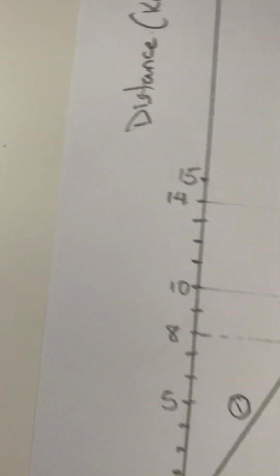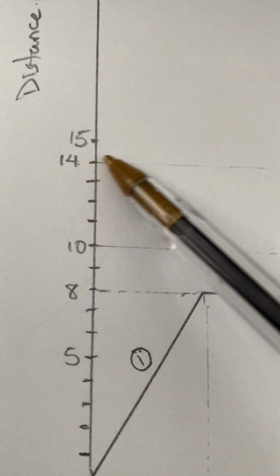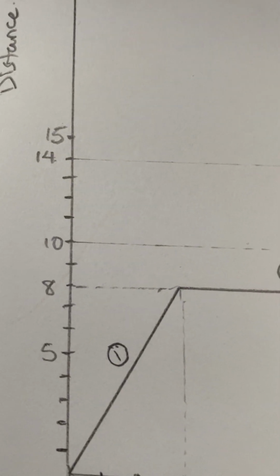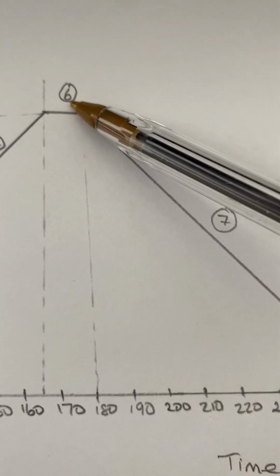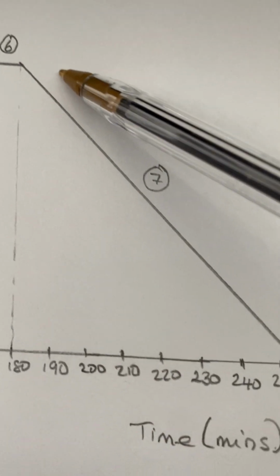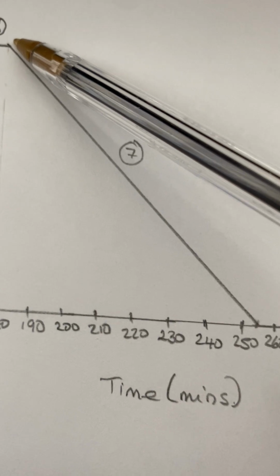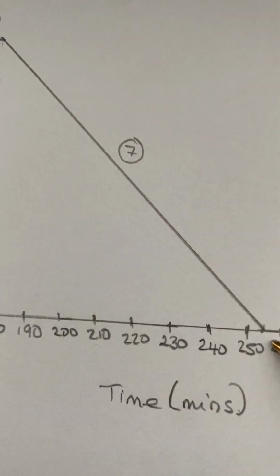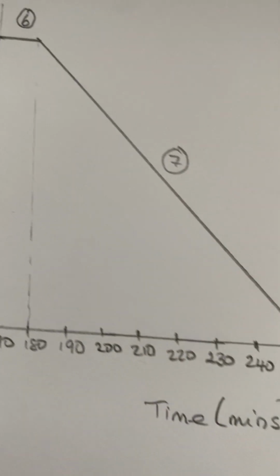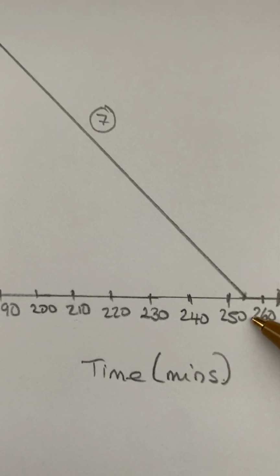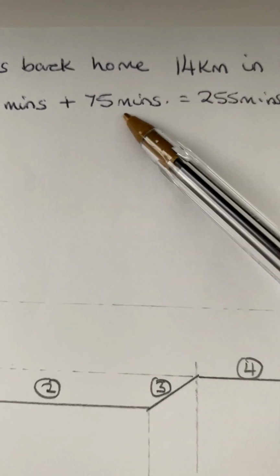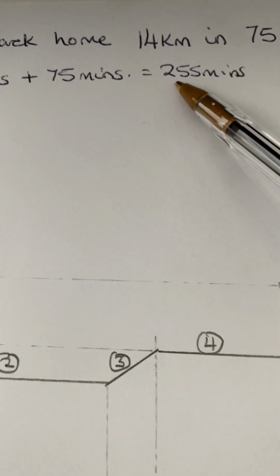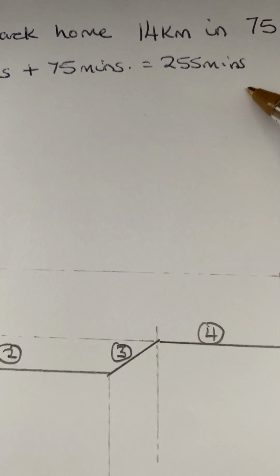She's 14 kilometers away from home. So she picks Jason from school, and under traffic conditions, she has to travel back home, and it took her 75 minutes. So 180 minutes plus 75 minutes will give you 255 minutes.